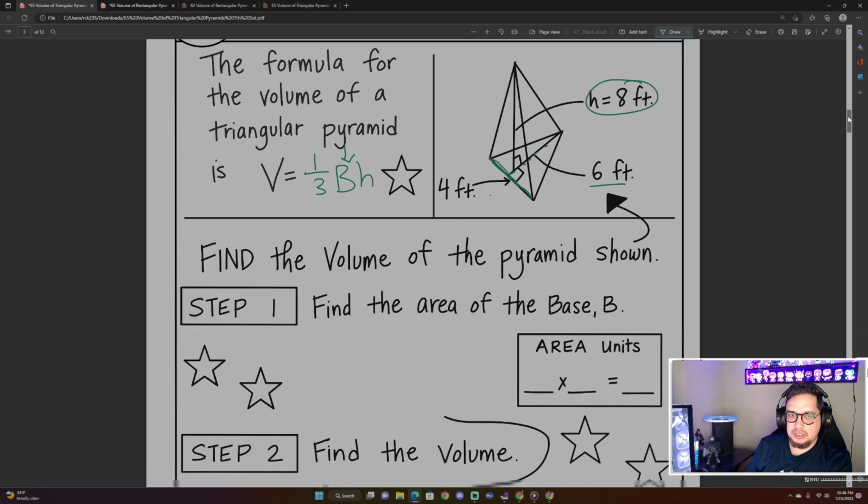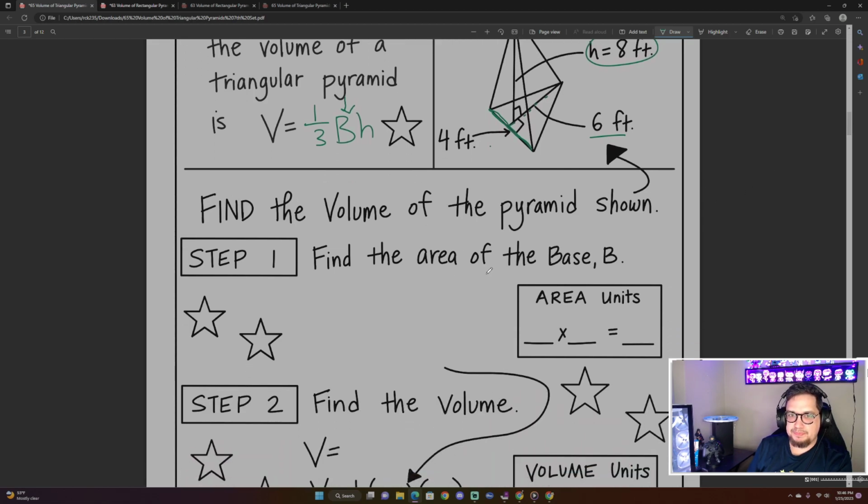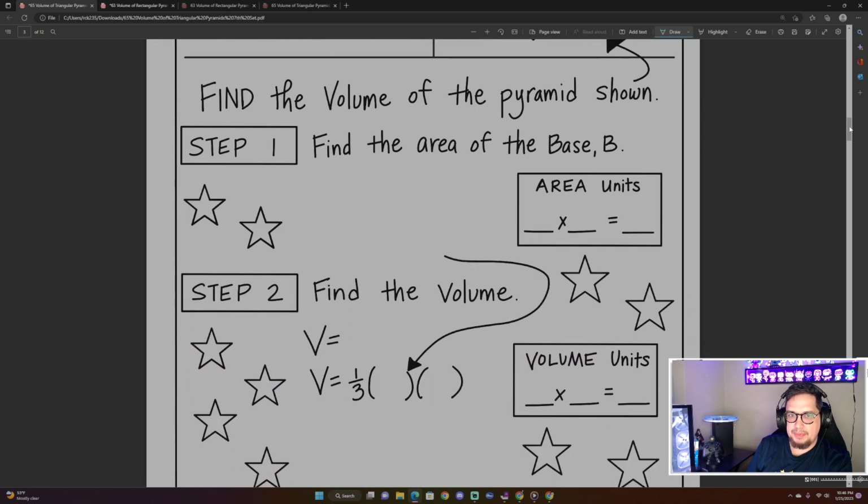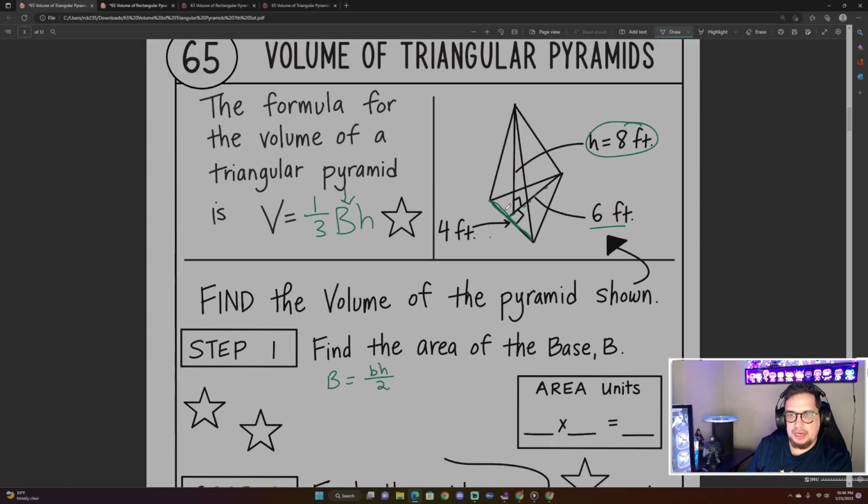Okay, so let's go ahead and take it step by step. We're going to find the area of the base first. Since it is a triangle, we're going to do base times height divided by 2. When I go back up here, my base was 4, my height is 6 for just the triangle on the bottom, it's a 4 by 6.